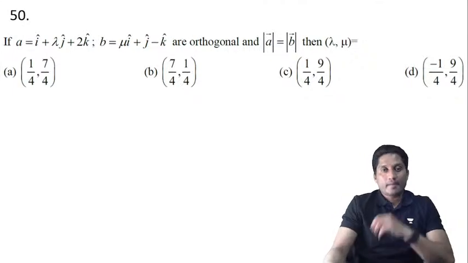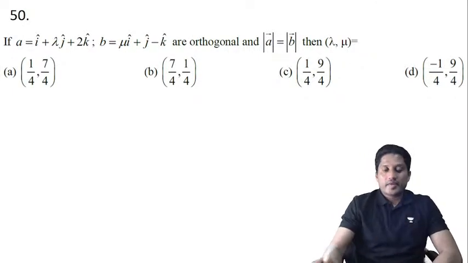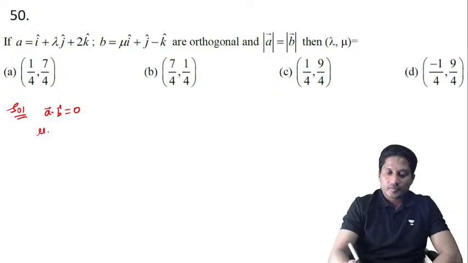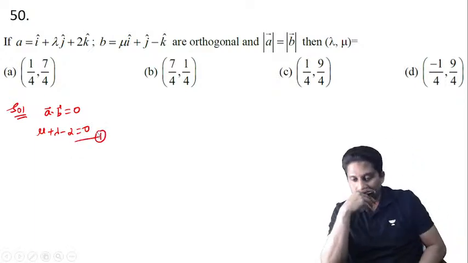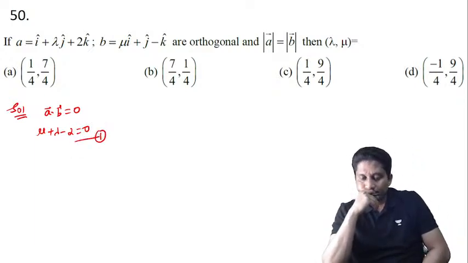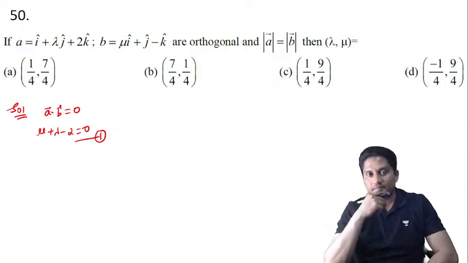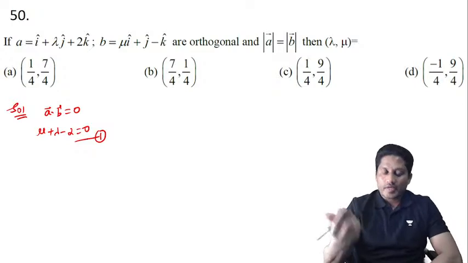Question number 50. If vector A and vector B are orthogonal, orthogonal means perpendicular, that is A dot B should be 0. You will get this as mu plus lambda minus 2 is equal to 0. Let's call it equation 1. Okay, you can't use the options because A and B will both satisfy.